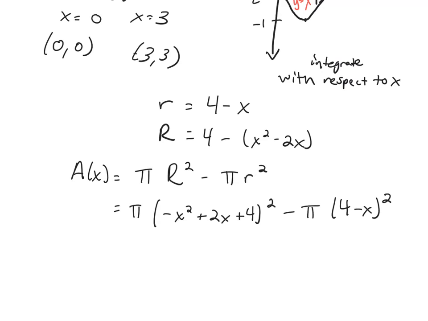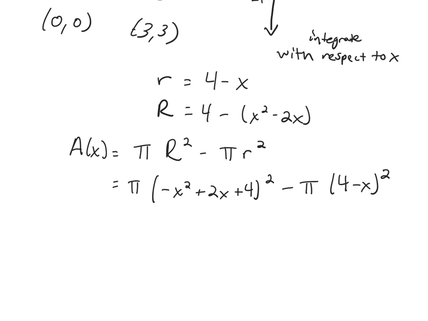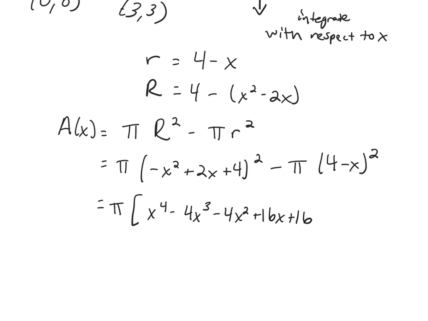It's because now I've got to square this, which means I've got a whole lot of multiplying to do, foiling, distributing stuff. So if you square that first term, I'll tell you what you get. You get pi times (x to the fourth minus 4x cubed minus 4x squared plus 16x plus 16). And I went ahead and pulled out the pi, so minus, and this will be (16 minus 8x plus x squared).